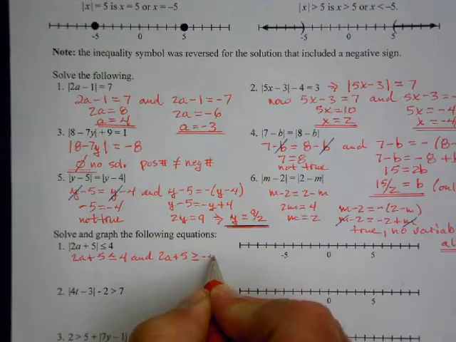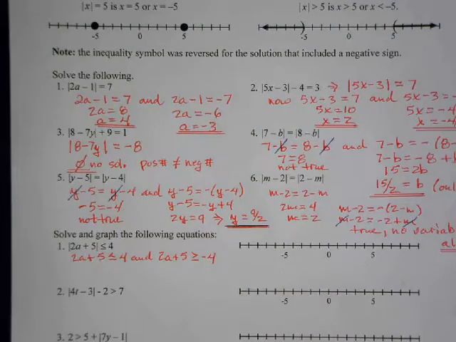And note what I have done here. The positive case kept the symbol, the less than or equal to, just as it was. But the negative case, I have to switch the less than into a greater than. Now I can go ahead and solve.